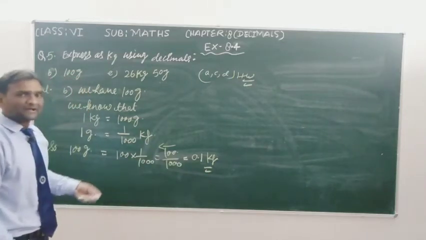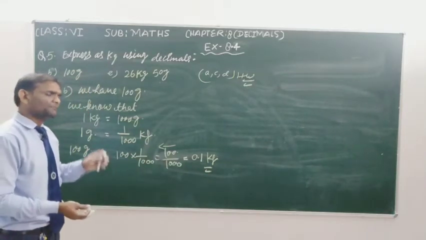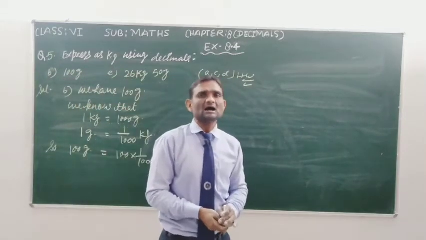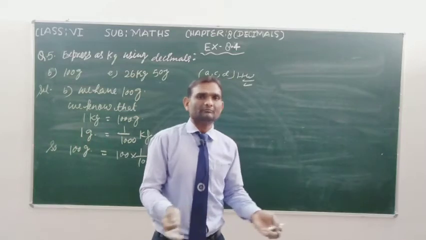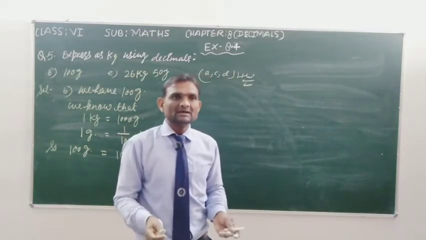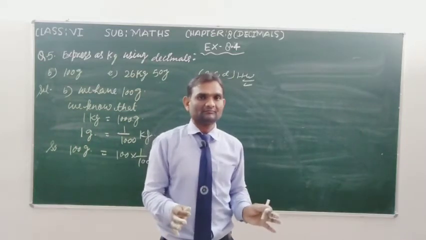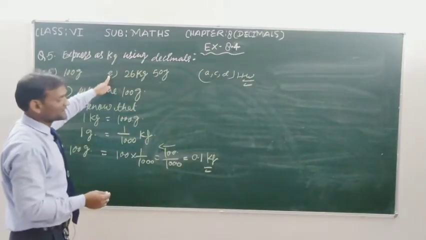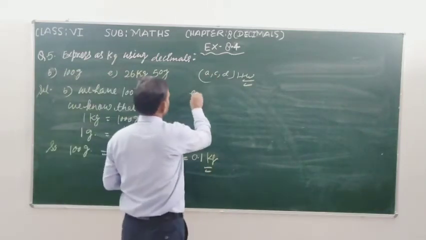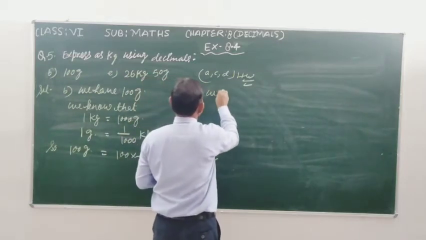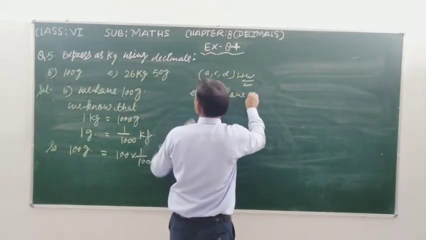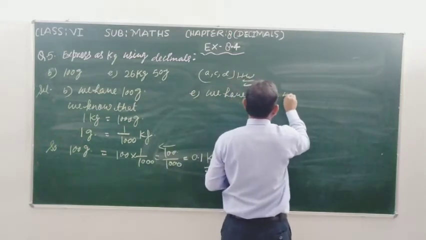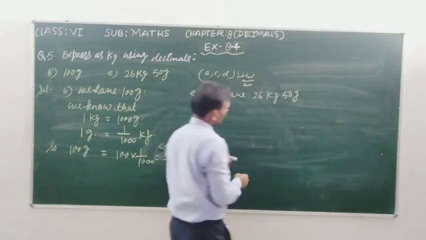So according to question number first, second, third, fourth, fifth, all questions are same. Only scales are different. So student, I'm taking the part E here. Part E is we have 26 kg and 50 gram.